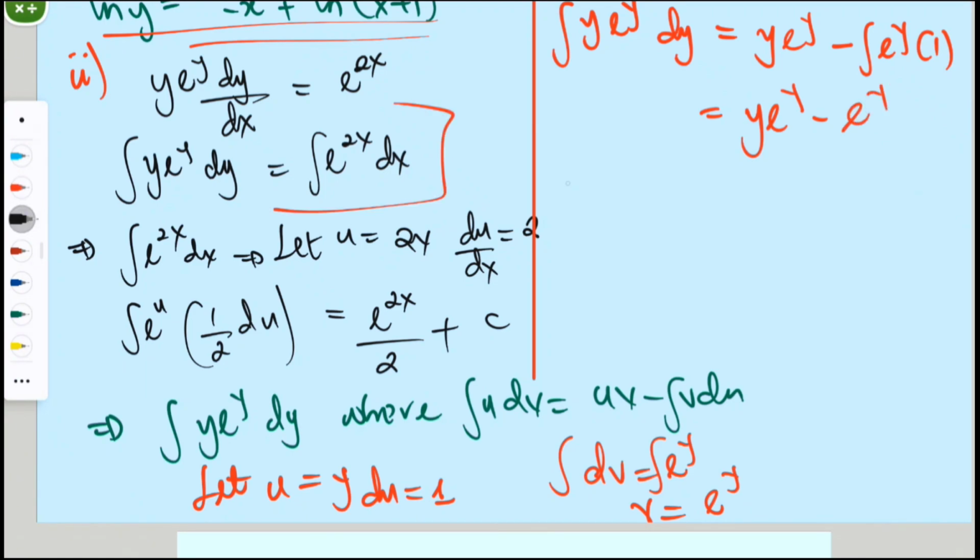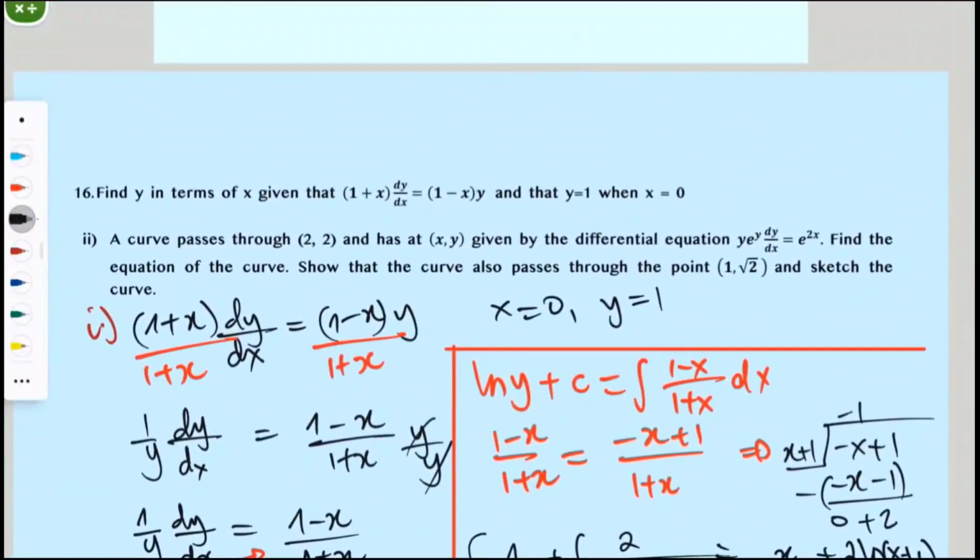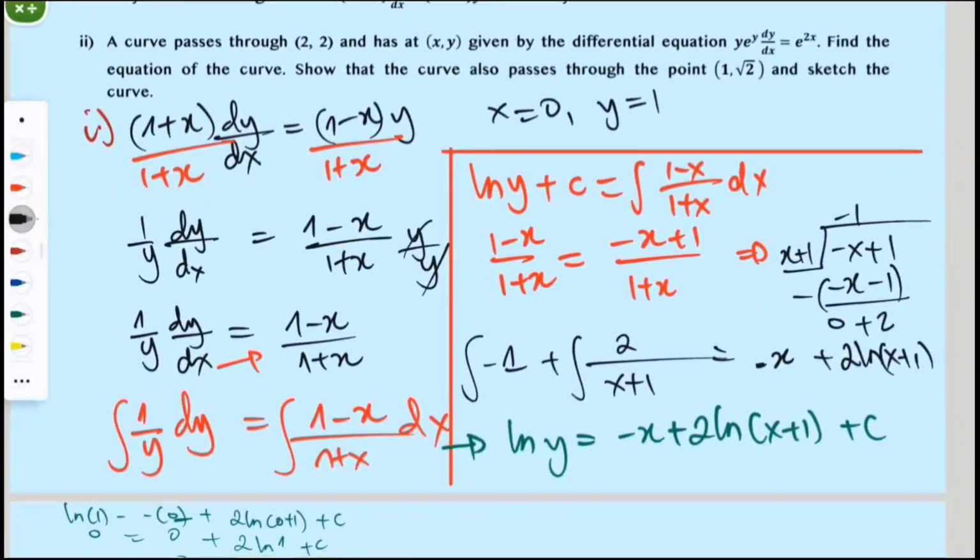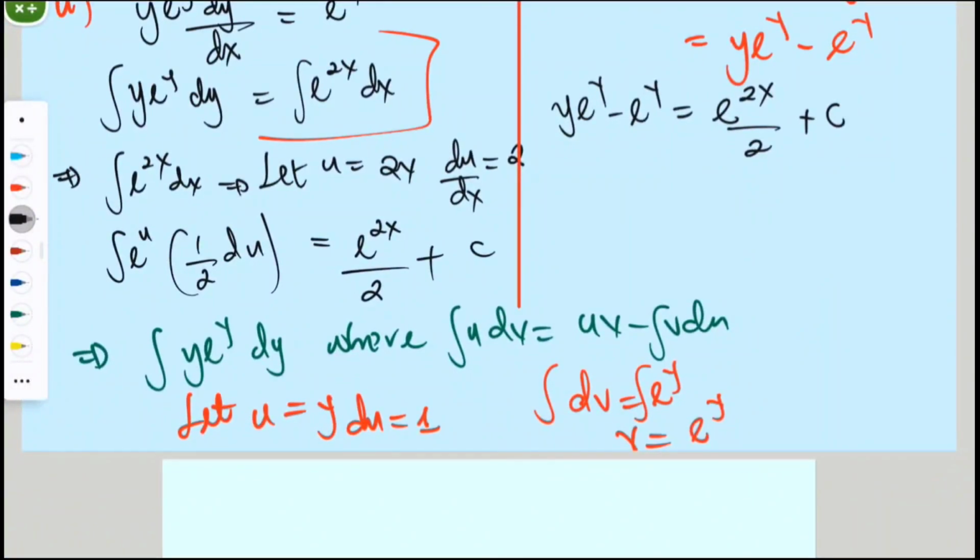So this would be equal to y e to the power y minus e to the power y equals the right hand side, which was e to the power 2x over 2 plus c. And then they told us it passes through the point (2, 2). So when x is 2, y is 2, right? We can find the constant c.